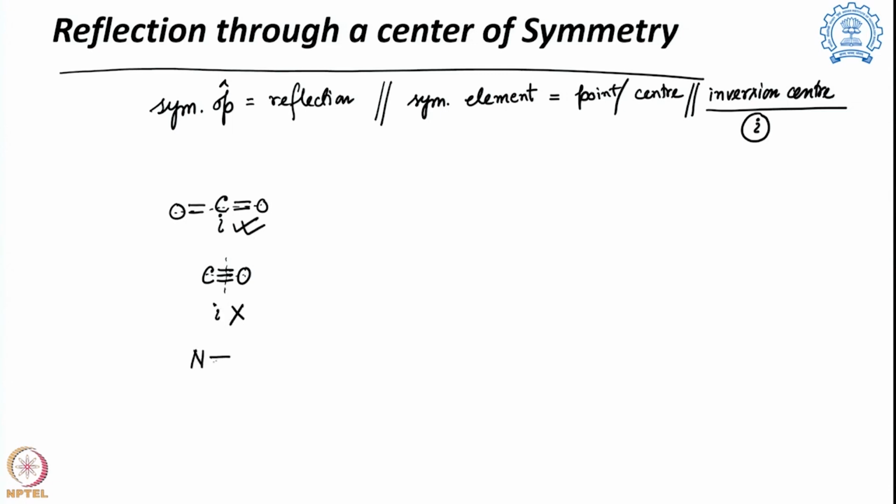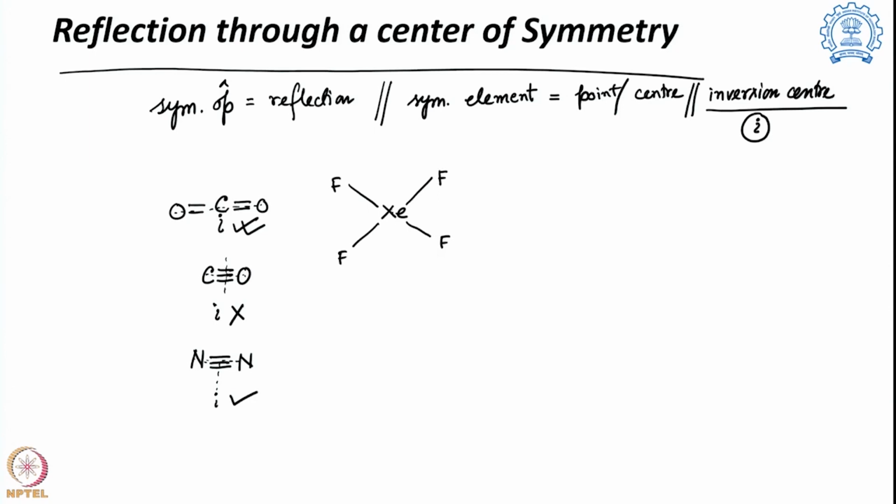If you take the dinitrogen molecule, again through the center of the molecule, if you go through that you are going to reach another nitrogen atom. So over there we will say a center of symmetry is present. Now take another molecule, xenon tetrafluoride, and I am looking at the top view for this particular molecule, and over there is the center of the molecule.